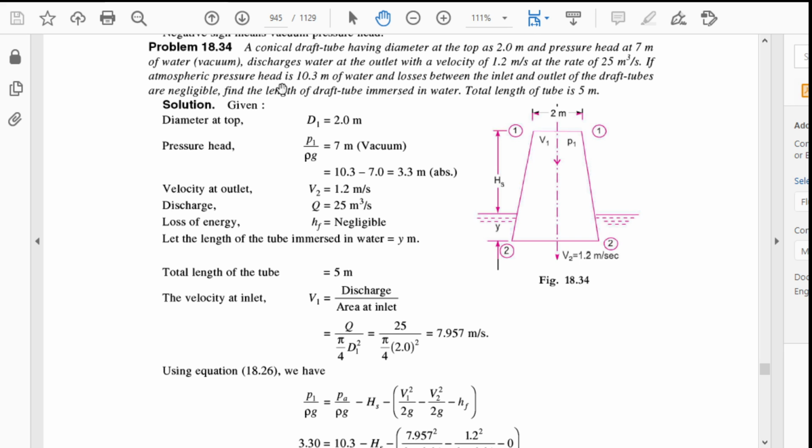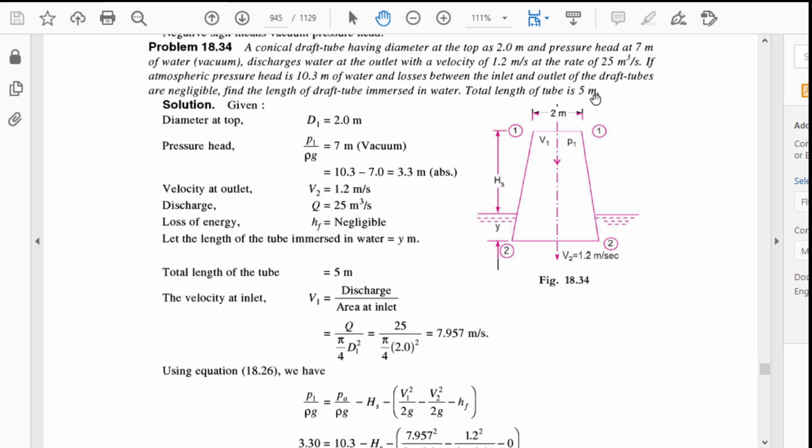If atmospheric pressure head is 10.3 meters of water and losses between the inlet and outlet of the draft tube are negligible, find the length of draft tube immersed in water. The total length of tube is 5 meters.